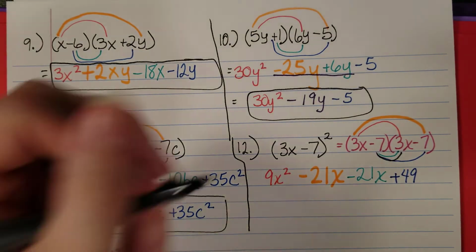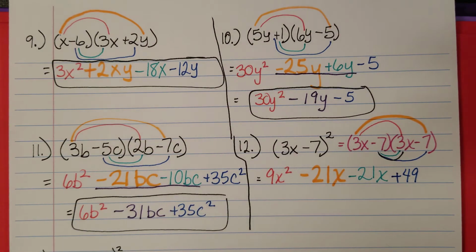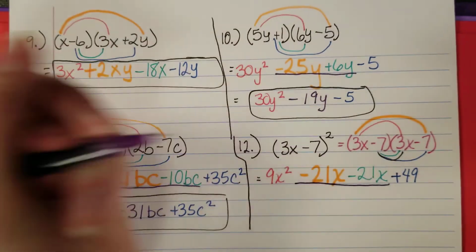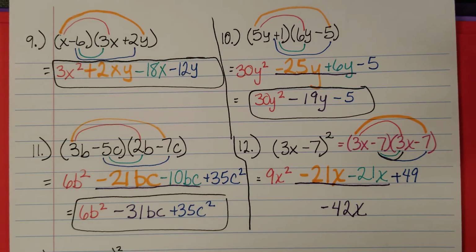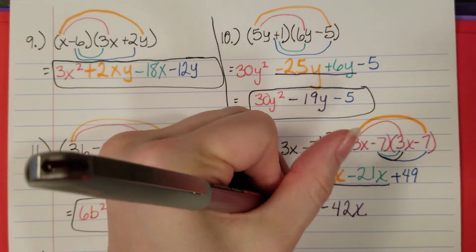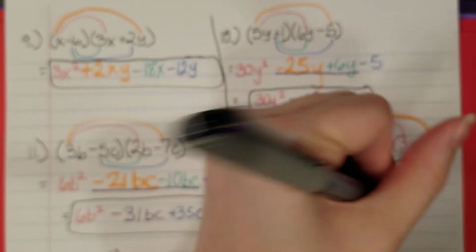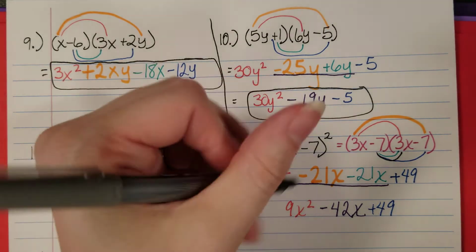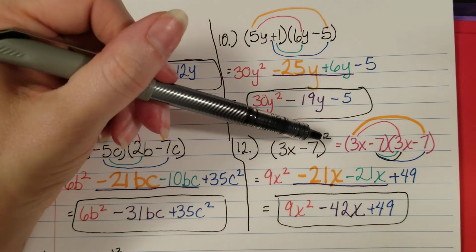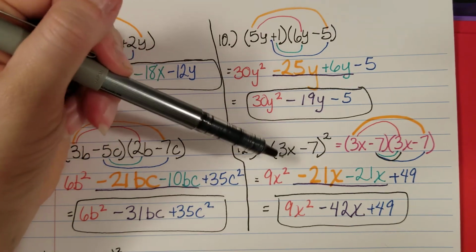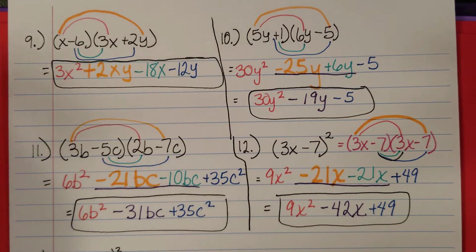Then combine the like terms in the middle. Negative 21x minus 21x would equal negative 42x. And then I'm just going to bring down the 9x squared and bring down the plus 49. All right, and that's our final answer. So see, if you just think you can just distribute the squared to each of those terms, it doesn't work because you'd miss out on that middle term that you're supposed to have there.